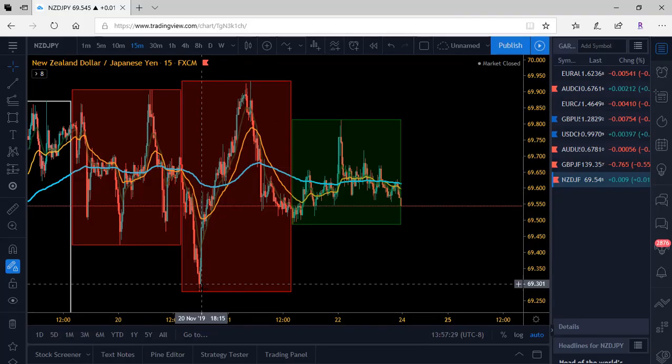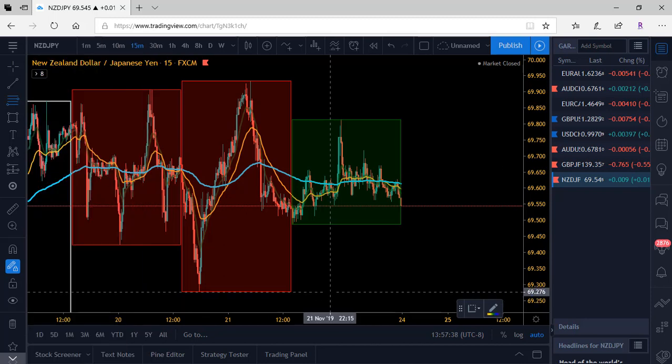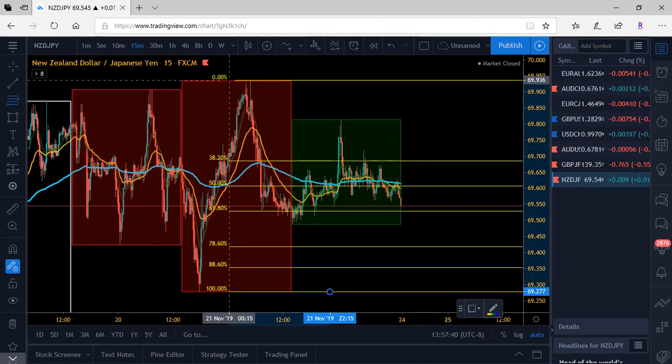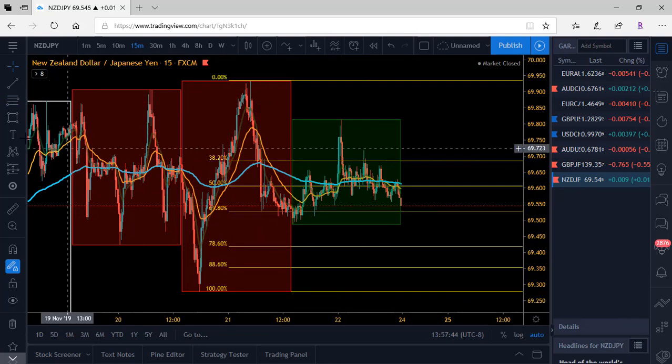So it seems like it's gonna be this swing low to this swing high. Okay.